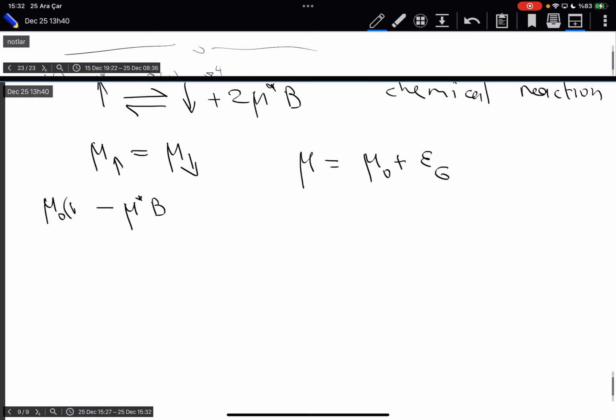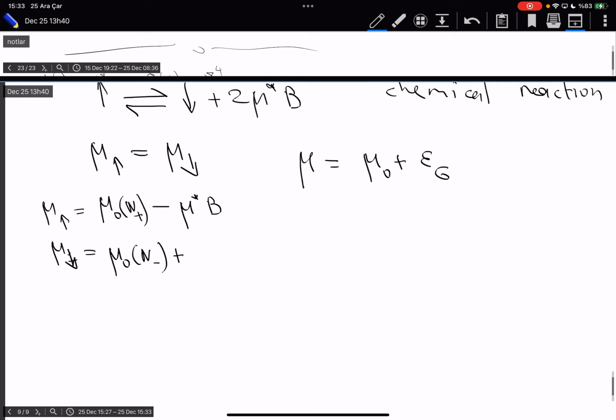It depends on n plus. This is mu up, mu down. They are basically the same kind of particles. Whatever derivation you use to calculate the chemical potential for spin up, it will be the same as whatever computation you do for spin down. But of course, for the spin-down particle, you have n minus of them, and the ground state has energy mu star B. So these two have to be equal.